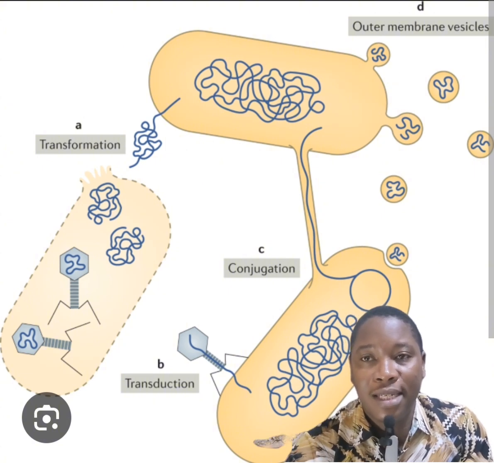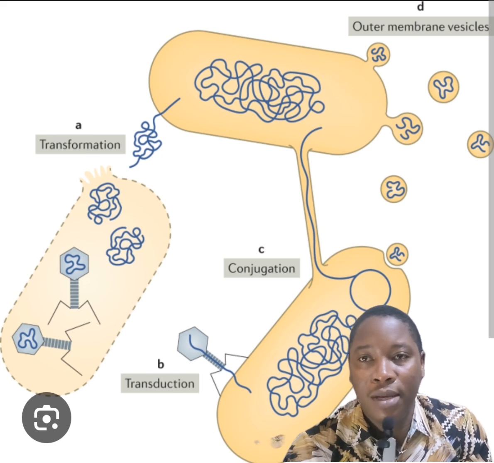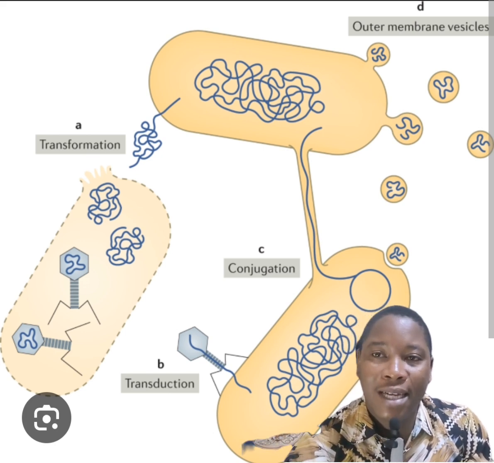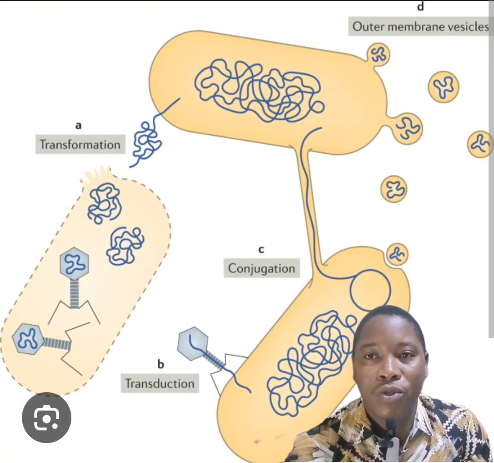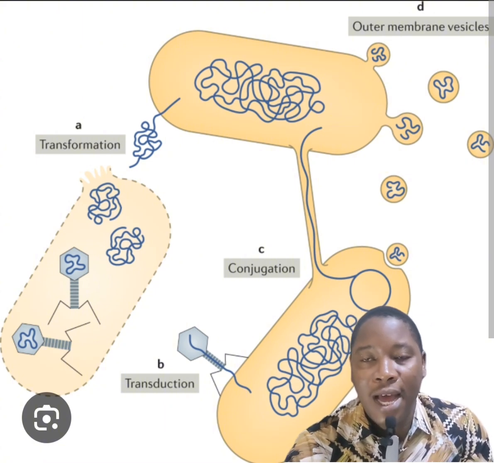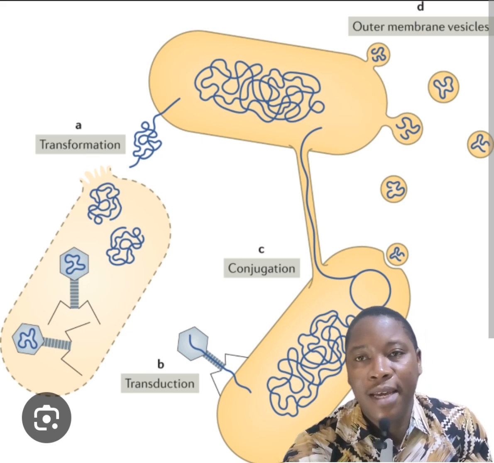Its DNA could be in a solution of water, it could be anywhere, but it's in the environment. And then the living bacteria takes up the DNA of the dead bacteria through its pores, through its membrane, and then incorporates that DNA into itself. That's what we call DNA transformation.